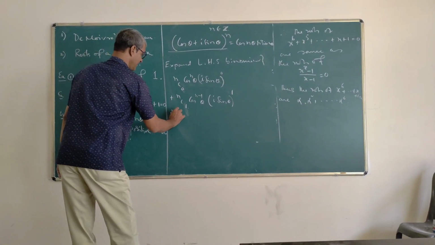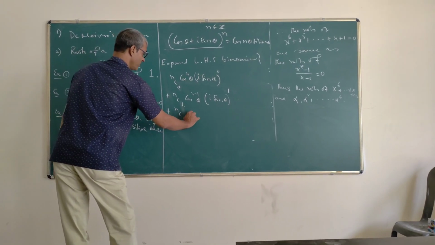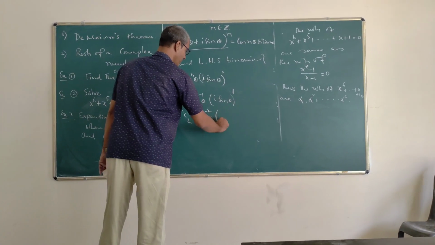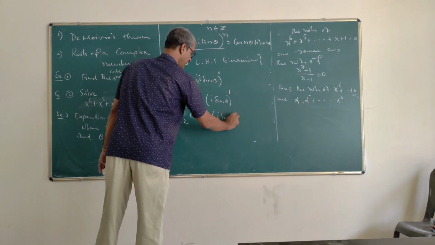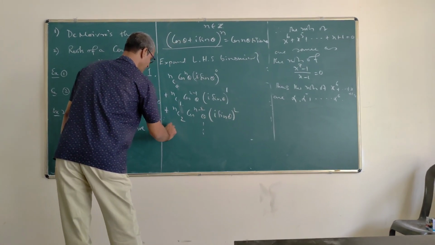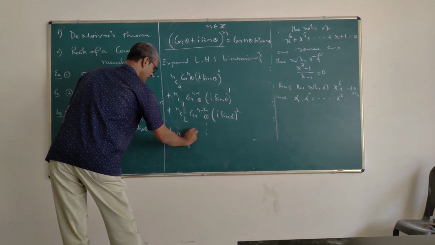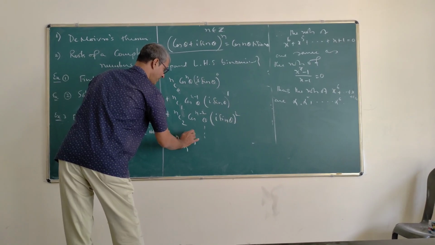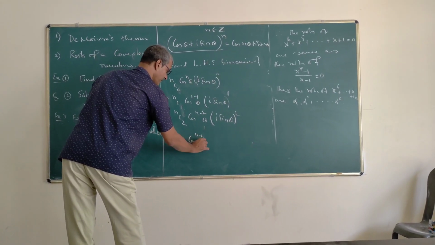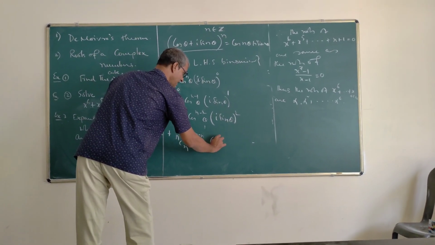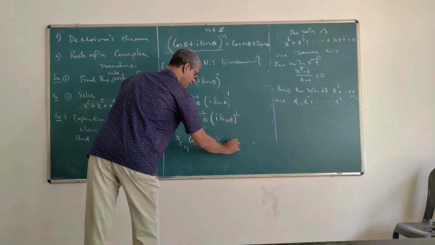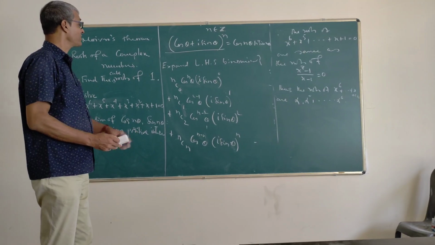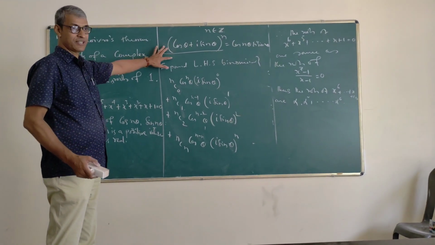Then nC2 cos^(n-2) theta (i sin theta)^2, and so on. And lastly nCn cos^0 theta (i sin theta)^n. So this is the expansion of the left hand side.